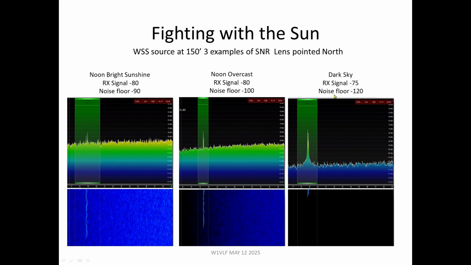And this is the dark sky at night pointing. The noise floor drops to 120, and so now you're at 25 plus 20, a 40 dB signal to noise ratio. And this is what it looks like in the waterfall. The reason why you're seeing 2 carriers here is because this was a Q65 digital mode experimental weak signal source I was messing around with.